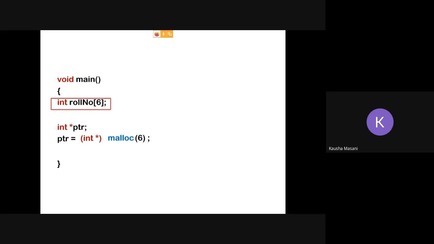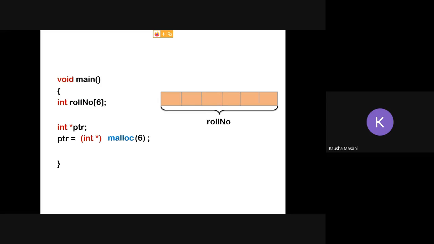When I execute this program and the execution comes at this line, integer roll number 6, the compiler is going to assign 6 blocks. If you can count, it is 6 blocks, each of 2 bytes, so 6 twos are 12.